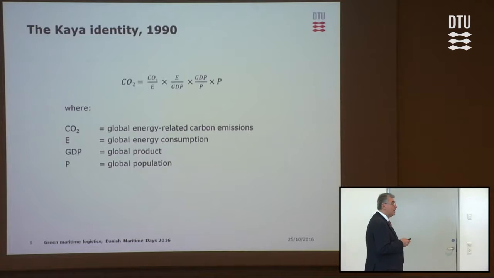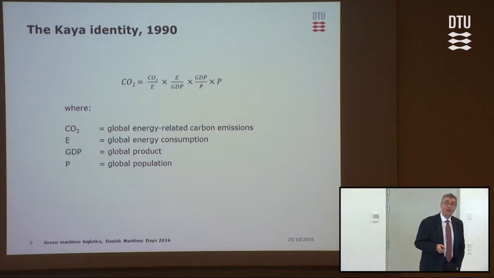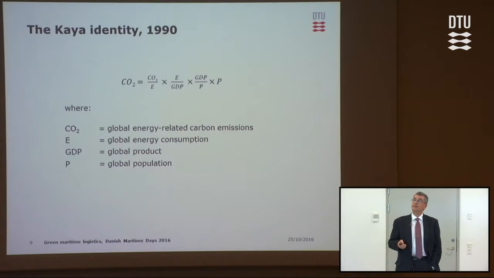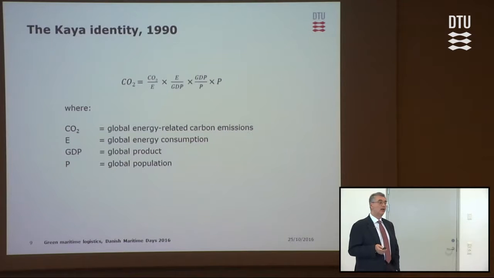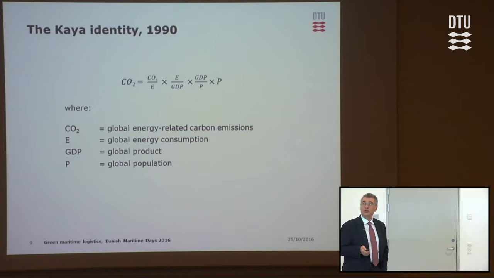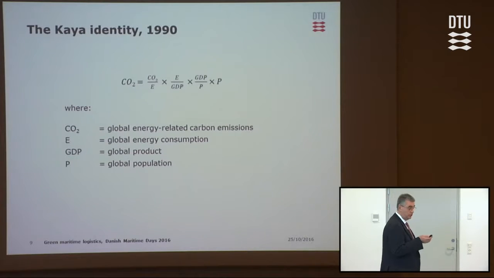Now, back in 1990, the Japanese researcher Yoichi Kaya introduced what is known as decomposition analysis. He expressed the CO2 emissions as a product of four factors, the ones that you see there.